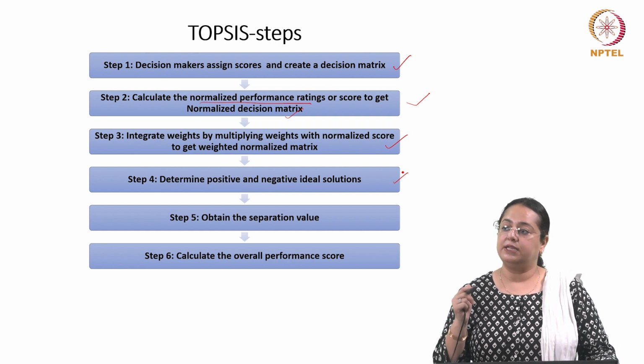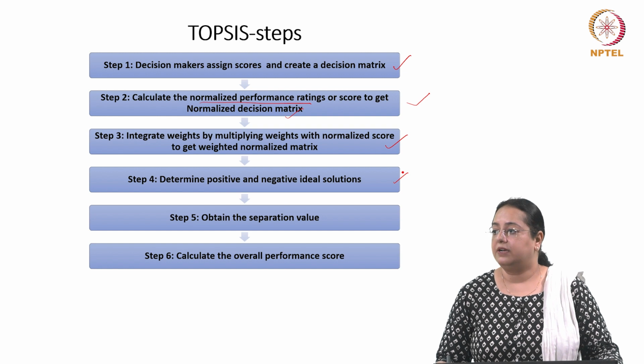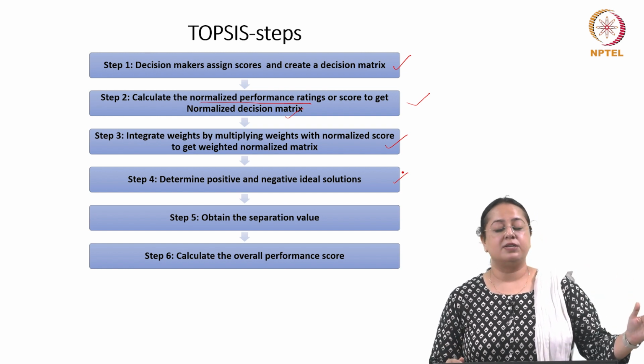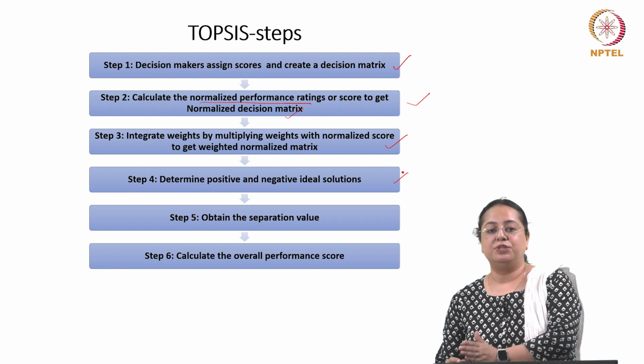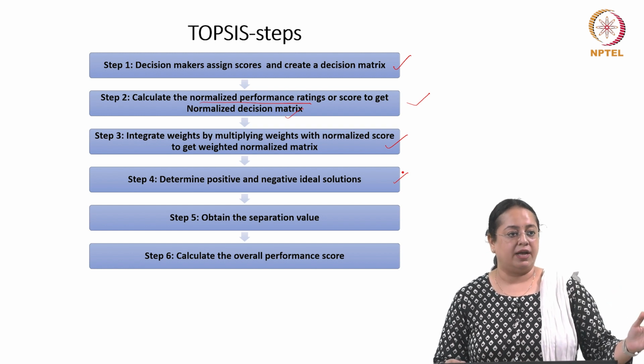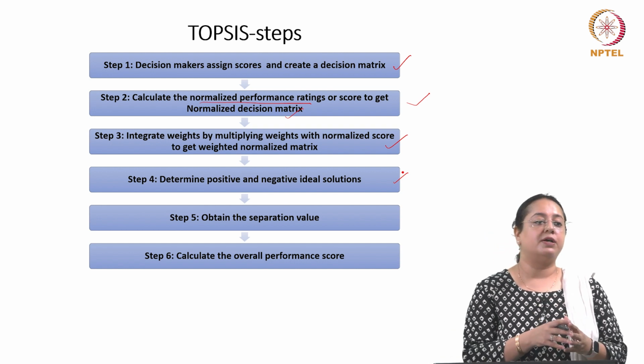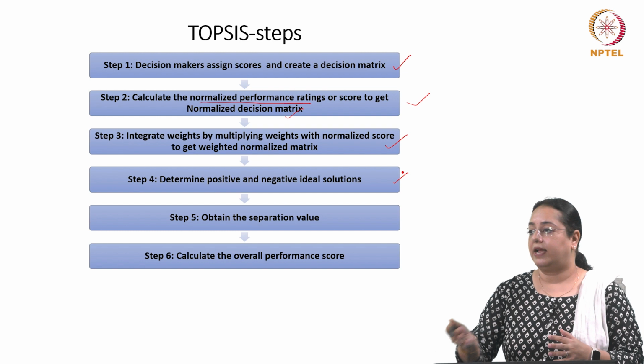Then we will find the positive ideal solution and the negative ideal solution. So what are the indicators of the positive ideal solution, so that we can compare every possibility against it. At the same time, we need to compare every possibility with the negative ideal solution.